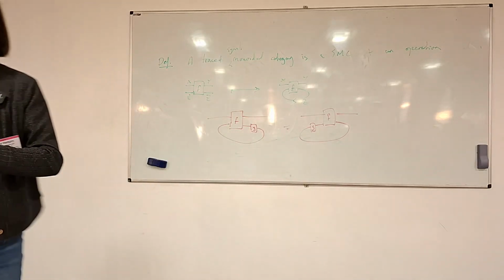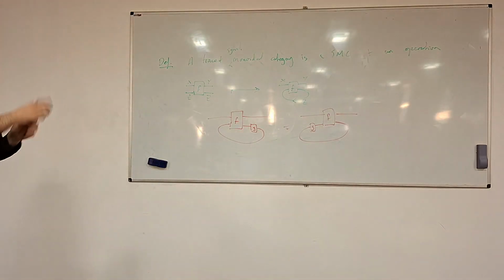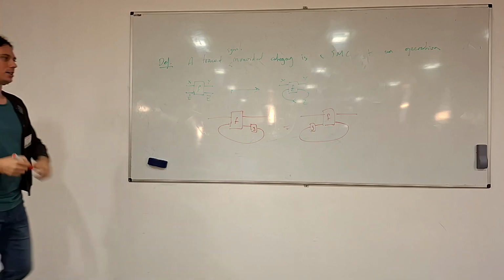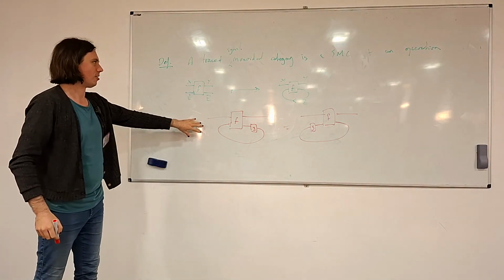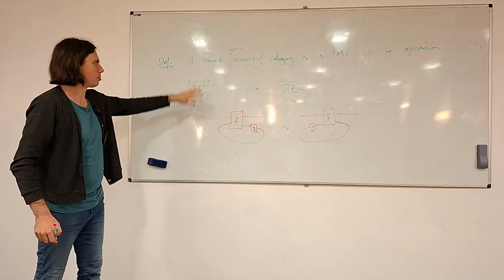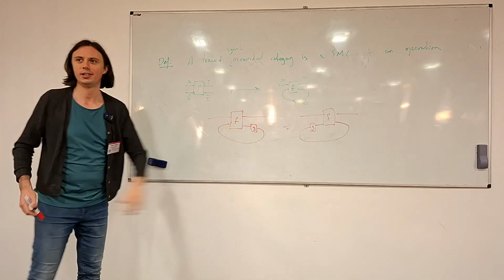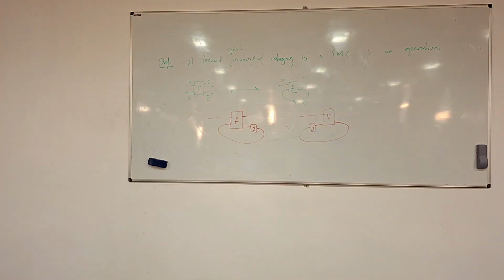This is probably the most subtle of all of the equations that a trace needs to satisfy. I like to separate this one off because there are lots of interesting categories which are almost traced but fail this equation. So there are lots of different rival definitions of generalized traced monoidal categories that weaken this in various ways.